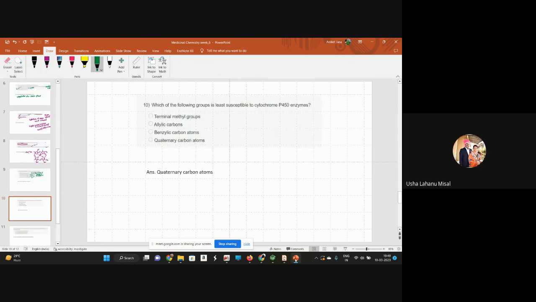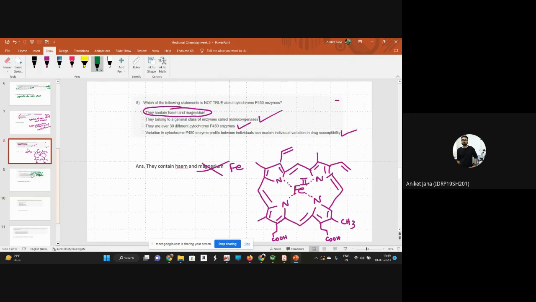Which of the following groups is least susceptible to cytochrome P450 enzyme? As we have seen the structure of cytochrome P450 enzyme, it has very bulky groups, right?